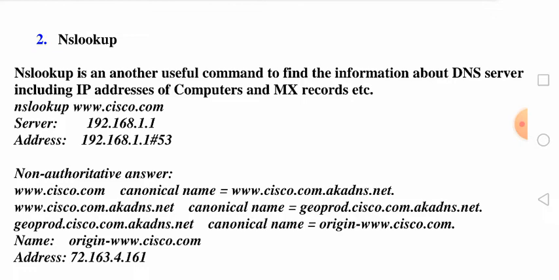Below you can see, under the category titled non-authoritative answer, cisco.com is the canonical name. Whenever we refer to a website, if you click on some link or go to some other pages, you can see that your URL has been modified, with some dot representation on the address bar.